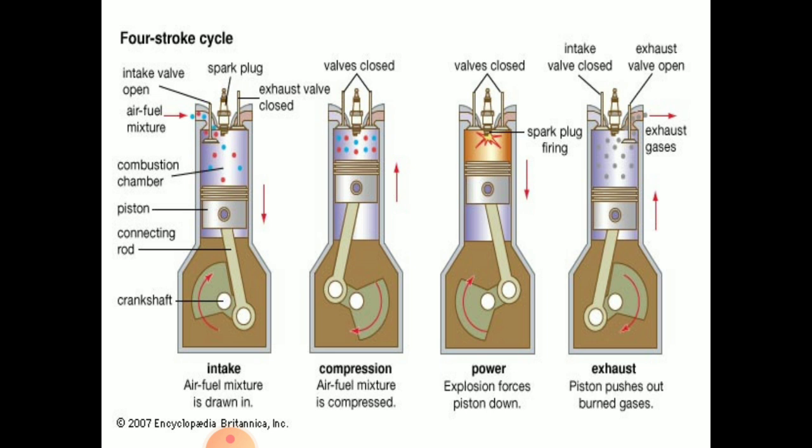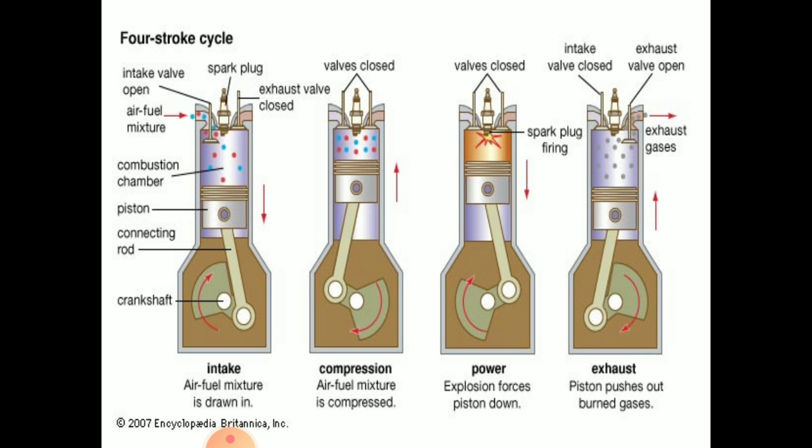And third one, power stroke, the fuel is burned with the help of spark plug. Then fuel is burned, so the volume is increased. That's why piston is moving from top to bottom. During this stroke we can get the power. That's why expansion stroke is also known as power stroke.